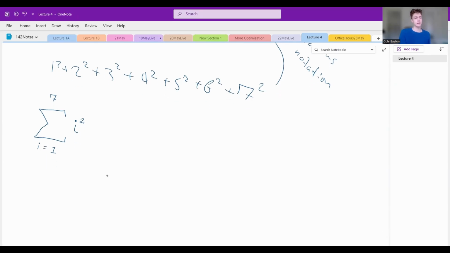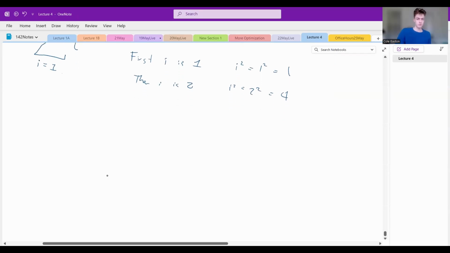So i is going to take on all of these values between 1 and 7. So let's say first i is 1. And so then we get i squared is 1 squared, which is 1. Okay, so then i is going to be 2. And then we're going to see what we get inside there. And so then i squared is 2 squared, which is 4. And then so forth.